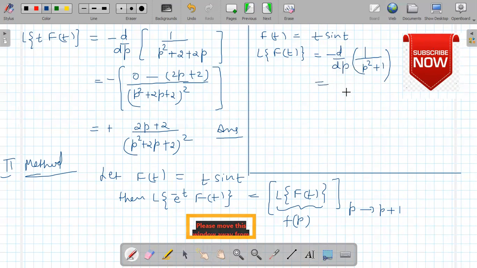So this is equal to (p square plus 1) whole square, and 0 here minus 2p. So it is 2p upon (p square plus 1) whole square.